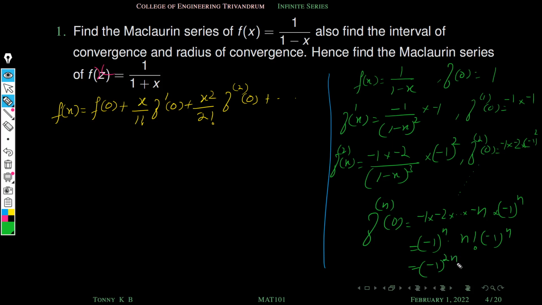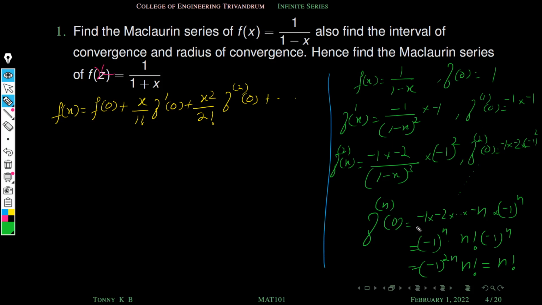Minus 1 raised to 2n into n factorial. Since 2n is even, minus 1 raised to 2n is 1. So this becomes n factorial. So fn of 0 is n factorial. This is the nth derivative. When n equal to 0, that is no derivative, that is f of 0, that is 0 factorial, that is 1.